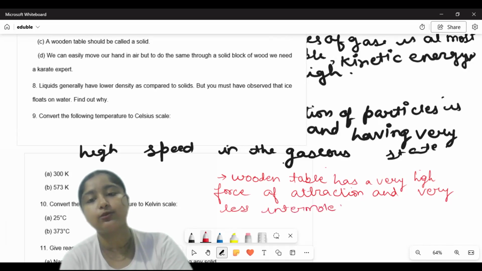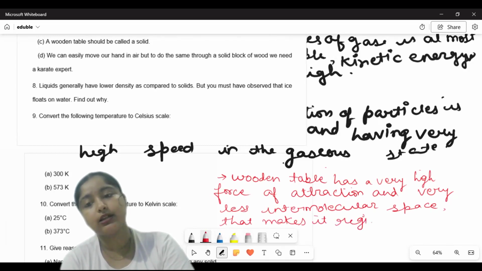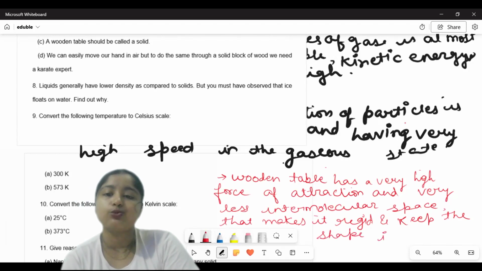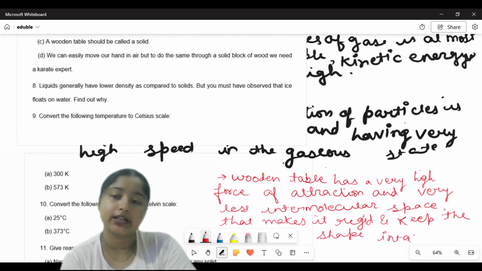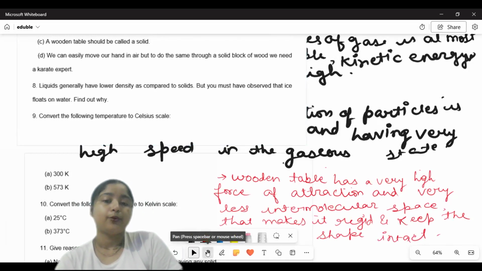Intermolecular means the space between two molecules. That makes it rigid and keeps the shape intact. That is why it's a solid. Let's see the next portion of the question.